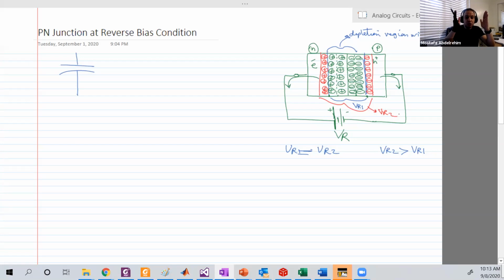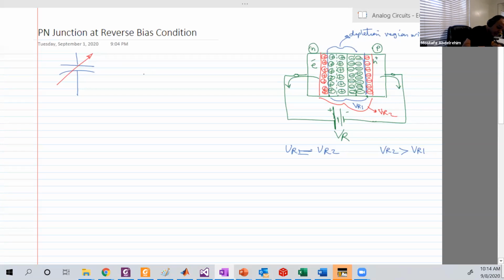So I can control the width, and there are equations that relate these together, but let's just forget about them. I can control the width of the depletion region based on the reverse voltage that I apply on the junction. So why is this a capacitor, and why is it a variable capacitor?